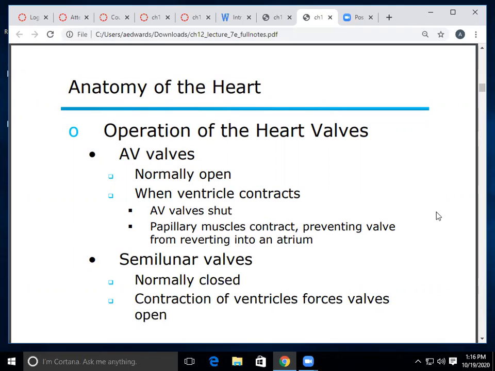And your papillary muscles will contract, and that keeps the valve from sending blood back into the atrium. With the semilunar valves, they're actually normally closed. And what forces them open is when the ventricles contract.